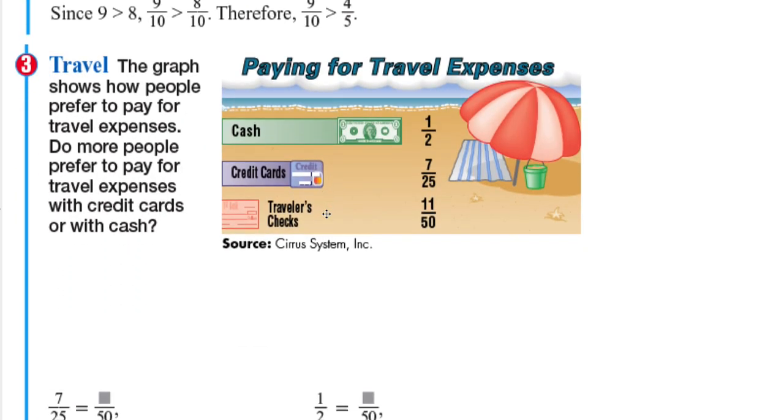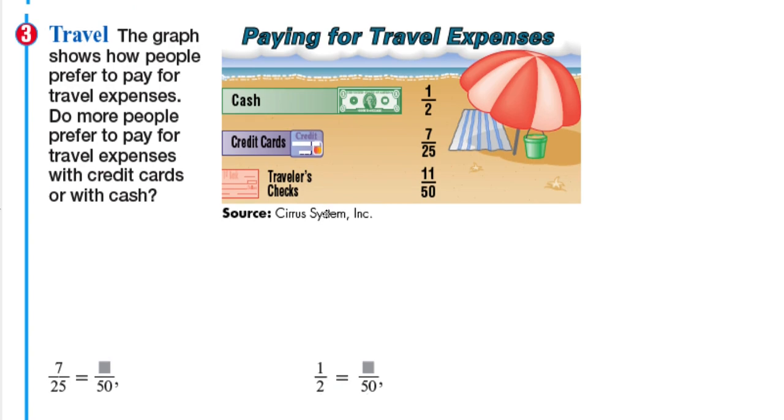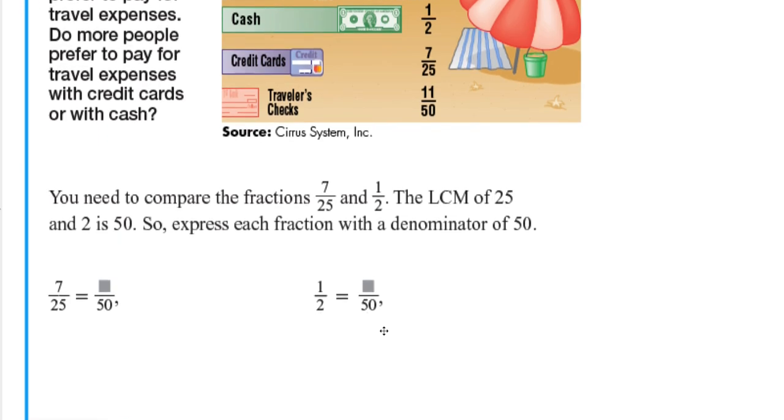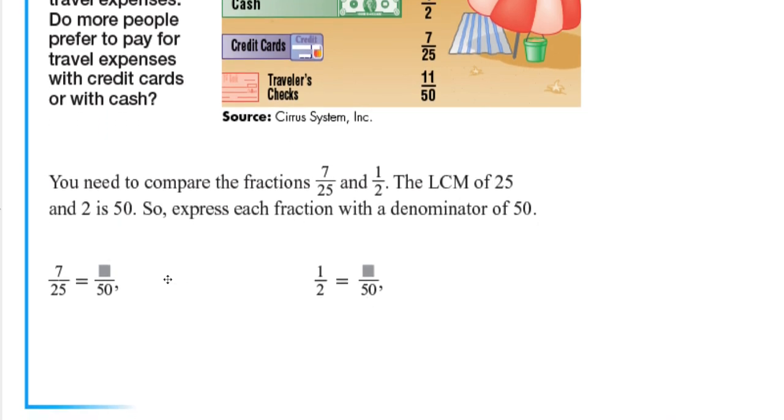In the last example, the graph shows how people prefer to pay for travel expenses. Do more people prefer to pay for travel expenses with credit cards or with cash? Credit cards is 7 over 25, cash is 1/2, so you need to compare 7 over 25 and 1/2. The LCM of 25 and 2 is 50, so express each fraction with a denominator of 50.